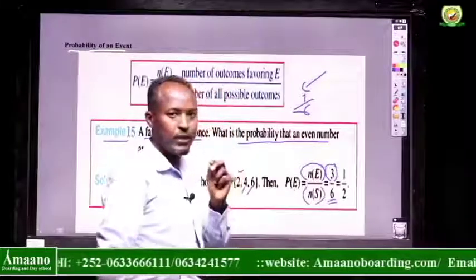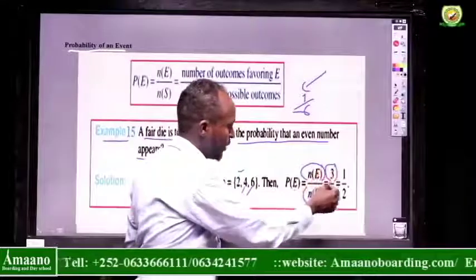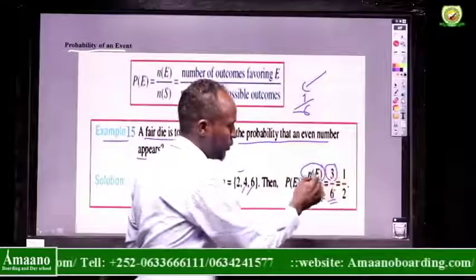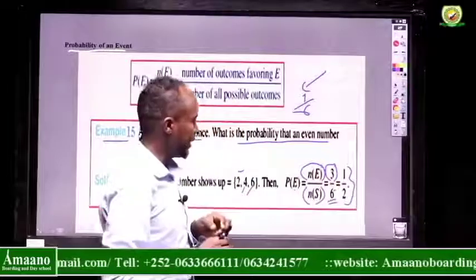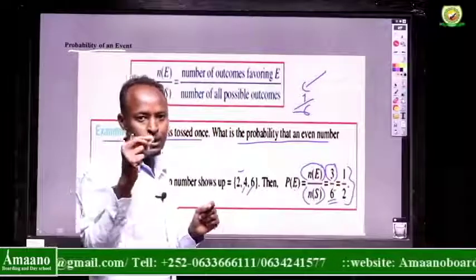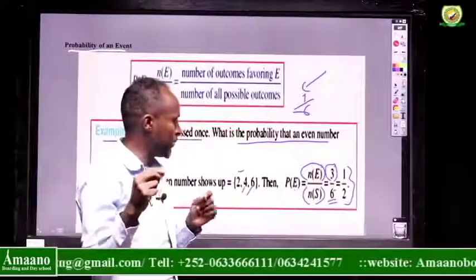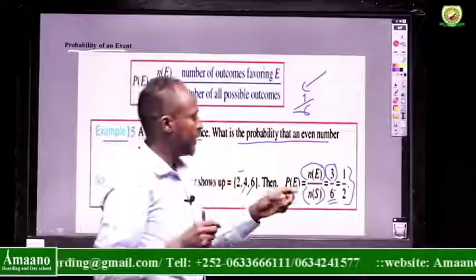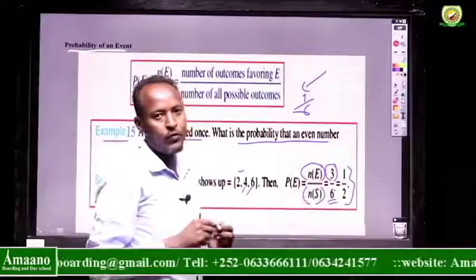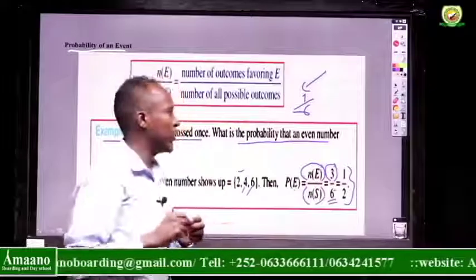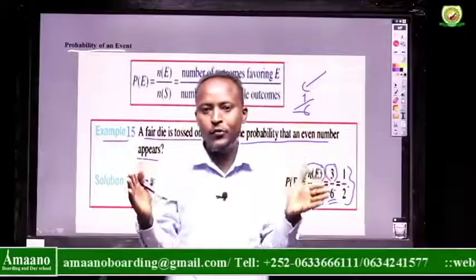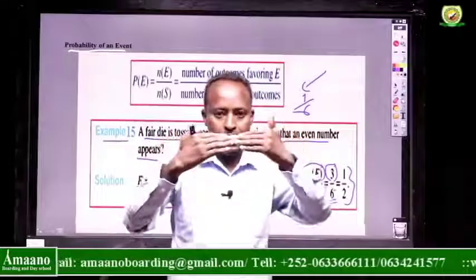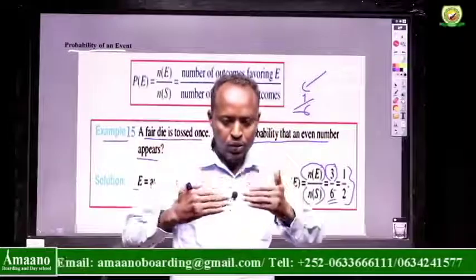If we simplify by 3, 1 by 3, 2, this is the probability. If we roll a die once, the probability that we will get an even number is 1 divided by 2.